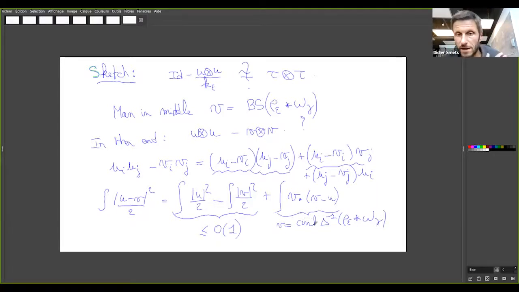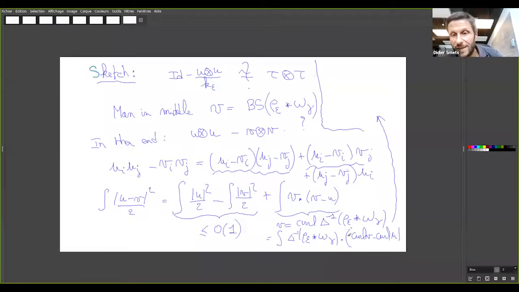Now I integrate by parts this curl. It is on V, I put it here. So it's going to be the integral of Laplace minus 1 of rho epsilon against omega gamma times curl of V minus curl of U. Maybe I still have room, like in a blackboard, to do this nasty thing here on the right. Now I use the definition of a flat norm.